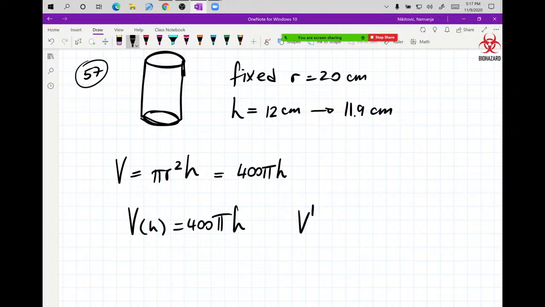And you can differentiate that. And you can also calculate your delta h as new minus old. Now that's a negative value.